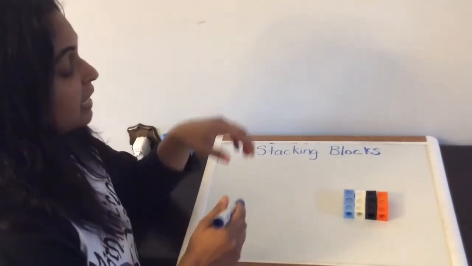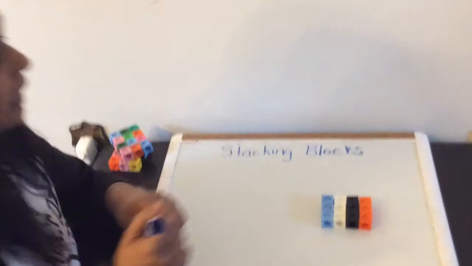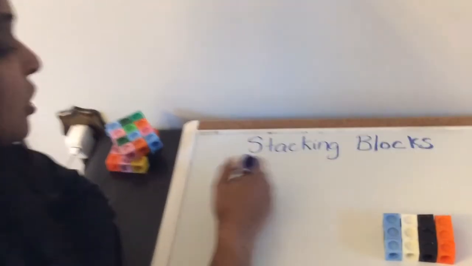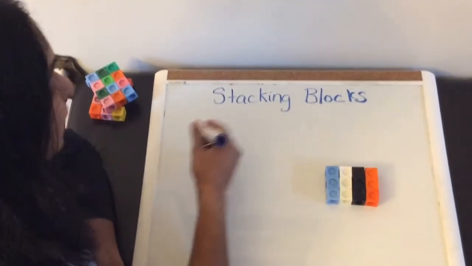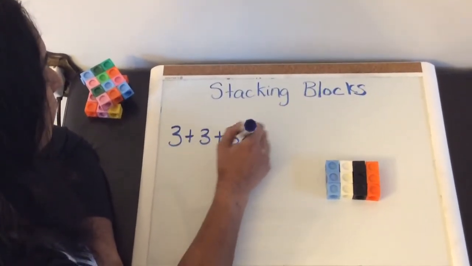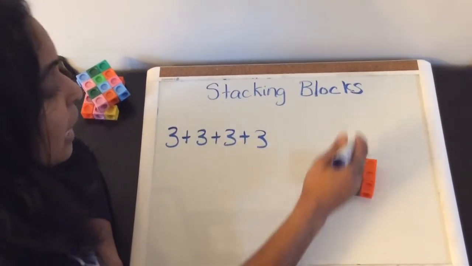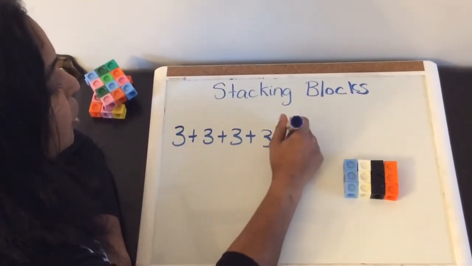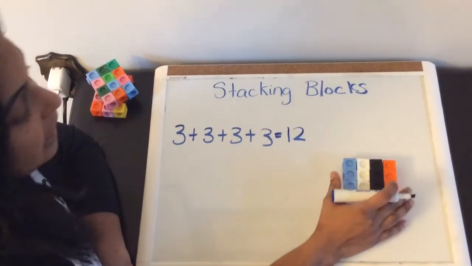So if I want to say how many I've used in all, I've color coordinated them a little bit. So the math to find out how many in total here for this rectangle is 3 plus 3 plus 3 plus 3. And I can just add up each row or column here, and that shows me that there's 12 altogether.